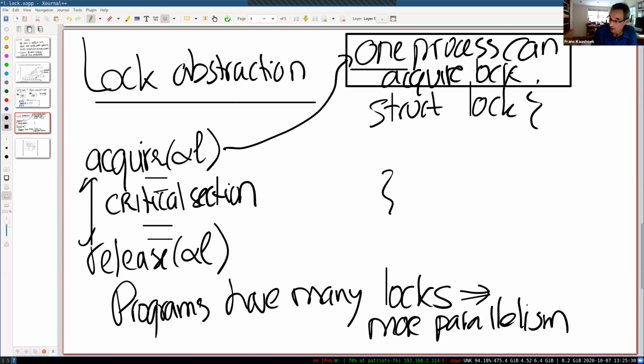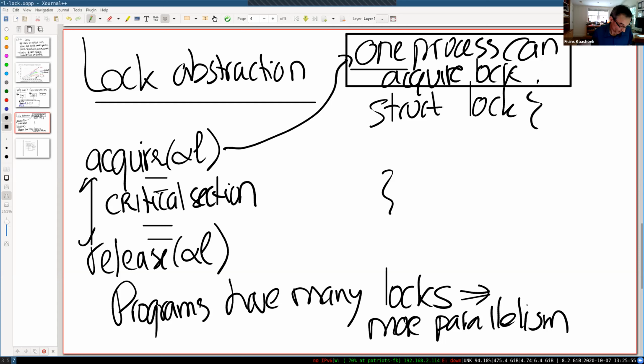Now, there are a couple of important points. Nobody really enforces in this interface that you put in the acquires and releases. It's up to the program to do so. So if you want some particular piece of code to be atomic, then it's up to the developer to put these acquires and releases in.